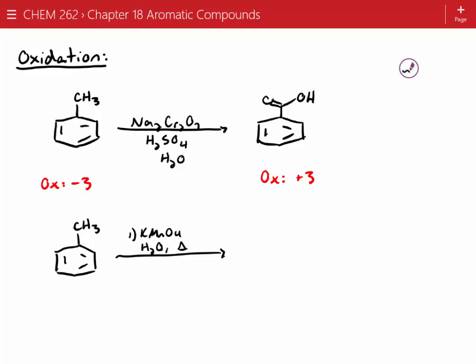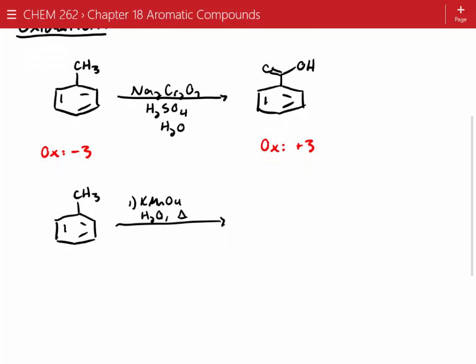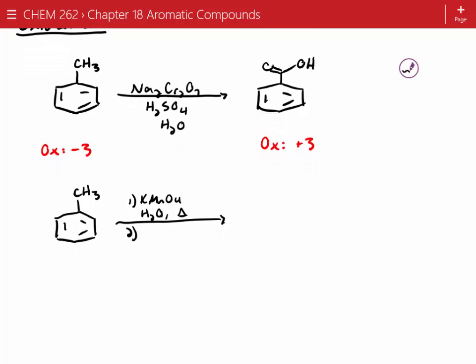Sorry, my handwriting's not great. And then in the second step, you can add acid. And the same reaction happens, and you avoid all of the nasty chromium products for the chromic acid reactions. And this one is usually preferred for doing benzylic oxidations, but it does the exact same transformation here.